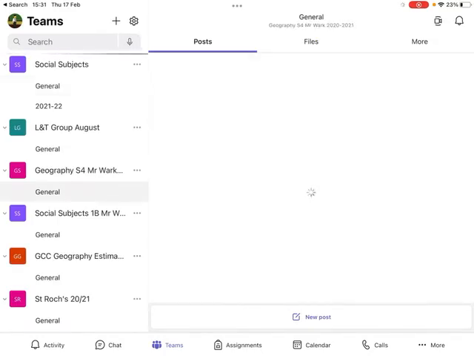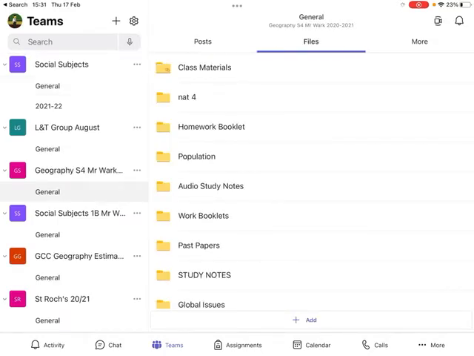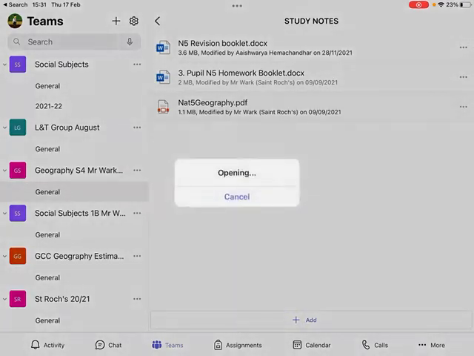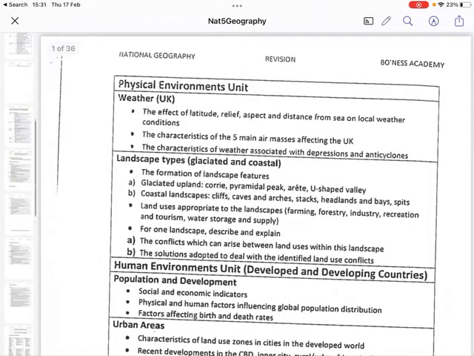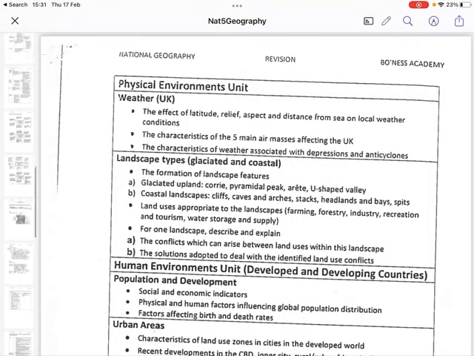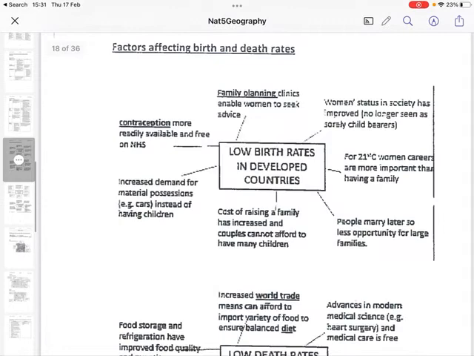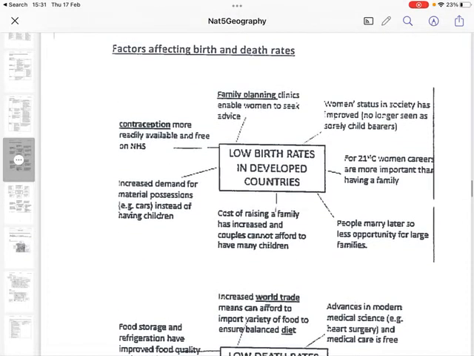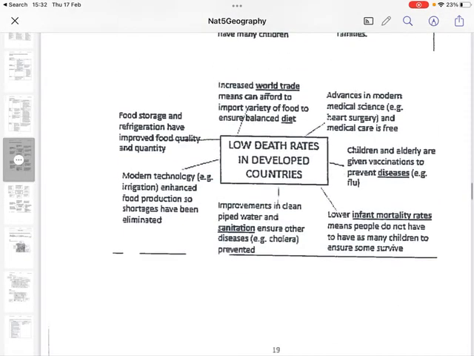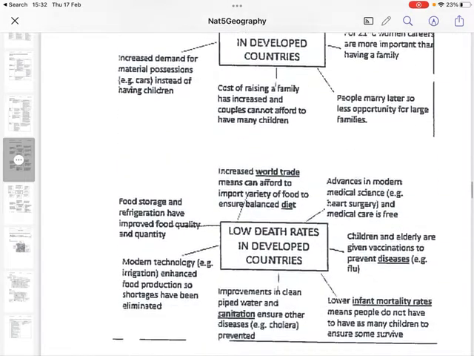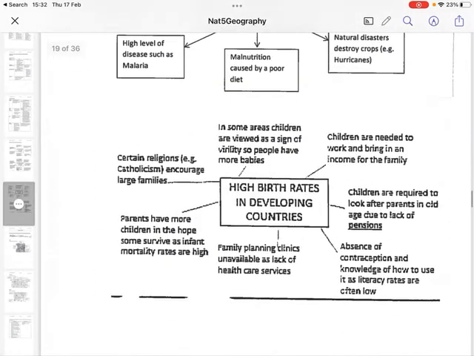When you go to our team, go to files, then study notes, and go to PDF. In PDF, you're just going to go down until you see the graphs, the 2 sort of spider diagrams, here they are. This one's, why is there low birth rates in developed countries? Why is there low death rates in developed countries? So developed points, developing points.